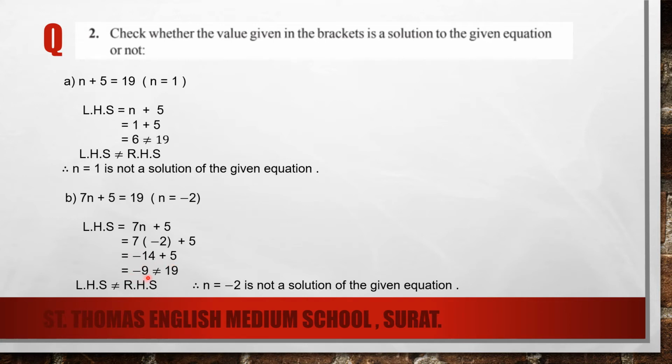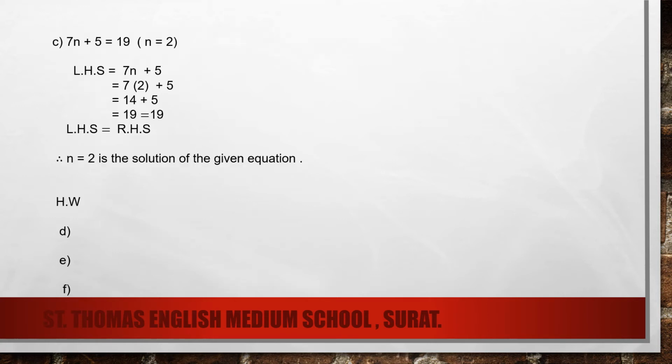The answer is minus 9. One positive number, one negative number, you have to subtract. 14 minus 5 is 9. The greater number's sign is minus, so put the minus sign. Minus 9 is not equal to 19. That is, LHS is not equal to RHS. So we can say n is equal to minus 2 is not a solution of the given equation.